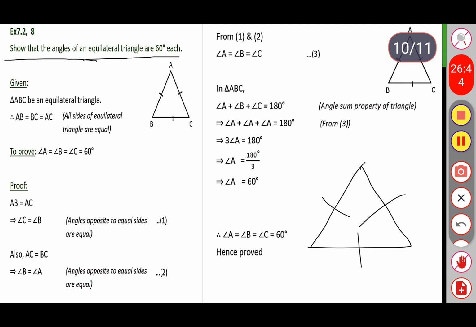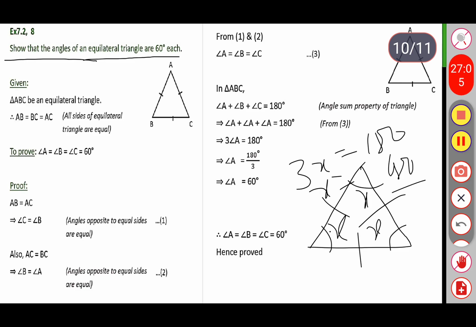If all three sides are equal, then all three angles are also equal. Directly we can consider here x, x, x. So 3 times x is equal to 180 degrees. Why can you take 180 degrees here? 180 is the interior angle sum of the triangle. So just divide, x is equal to 180 by 3, that is nothing but 60 degrees. So each angle measured in the equilateral triangle is 60 degrees.